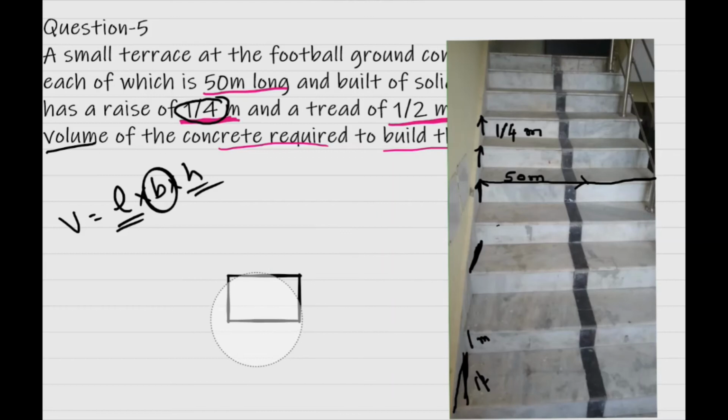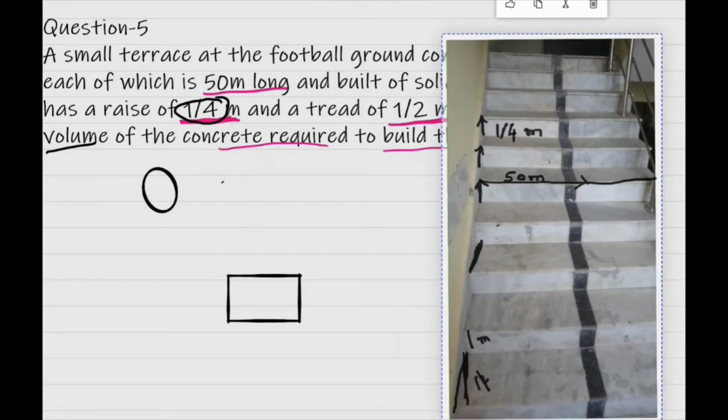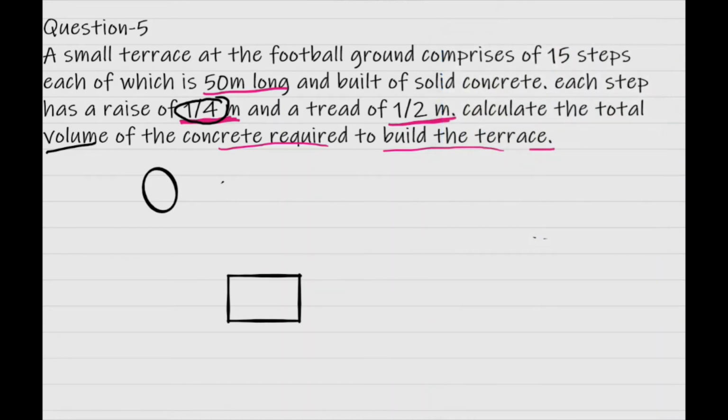So the tread is half, so the width is increasing every time by half meter. Okay, so if you draw the steps properly, or you research on making of the steps, you will come to know that yes, the width of the steps increases for every step, and that increase is given as half meter increase for every step. That means it is increasing uniformly for every step.